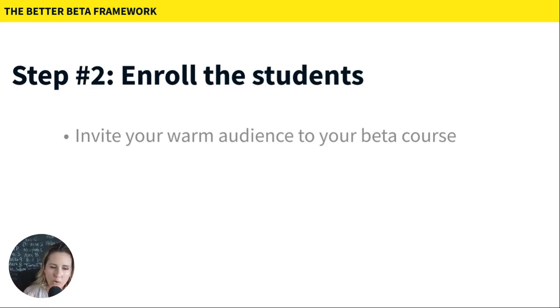This means people who know you, are familiar with you, they've heard you before. They basically know who you are. They have know, like, and trust. We've heard that, right? So you're inviting those students. And in that process of inviting, you're actually having real conversations with people that are your ideal students. In Build a Better Beta, we call them fuck yeah students, FYSs.